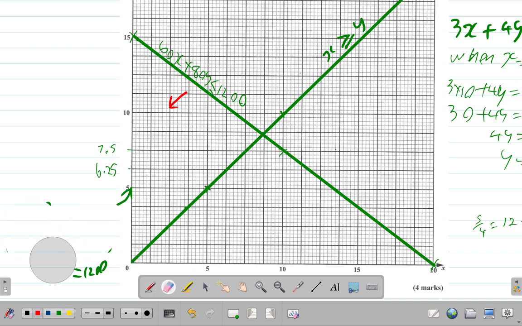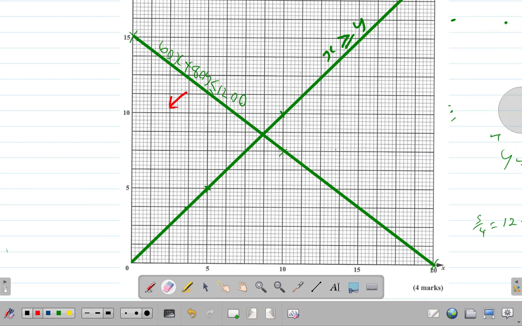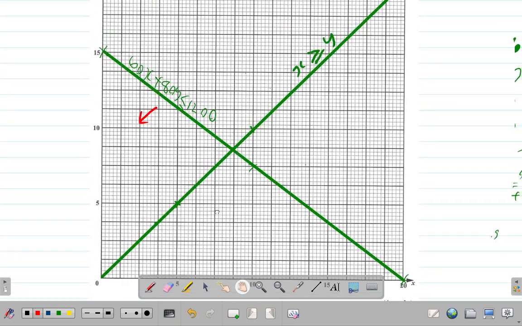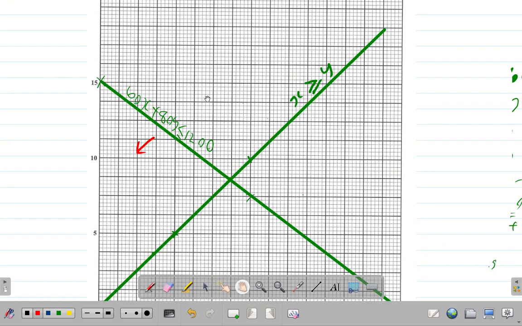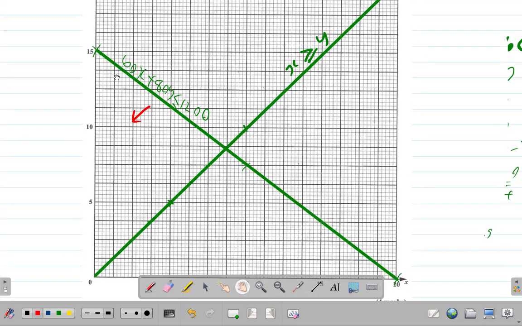Now, let me rub this out. Alright. Now, here. If we try a point over here, it will not satisfy this inequality, the 60x. Alright, it's not going to satisfy that.